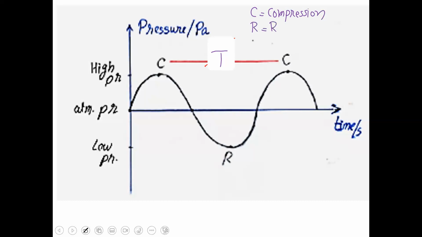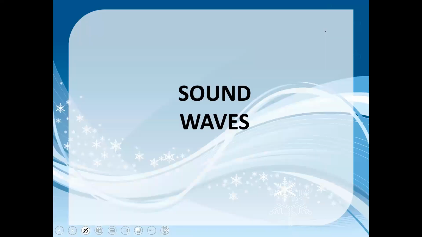And R stands for rarefaction. Now give the heading sound waves.